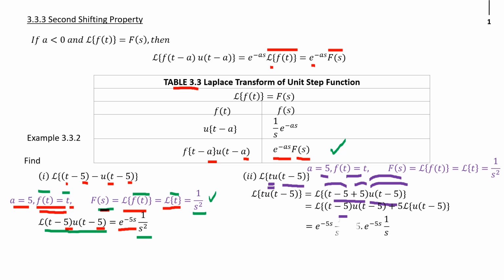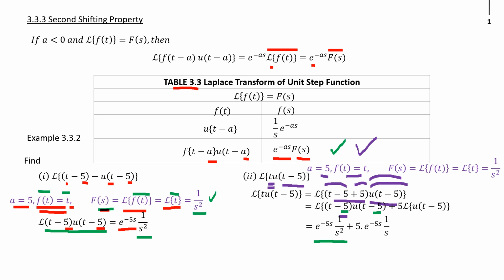So we can compare with the third property, since here our a is 5, so we have e to the negative 5s times 1 over s squared.